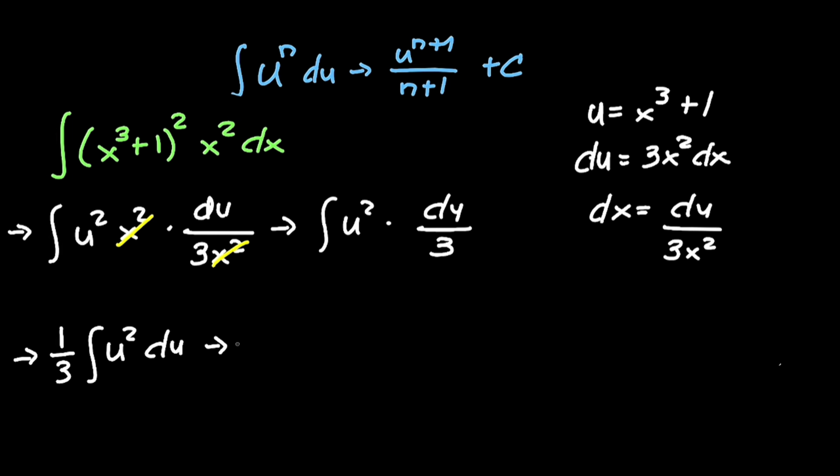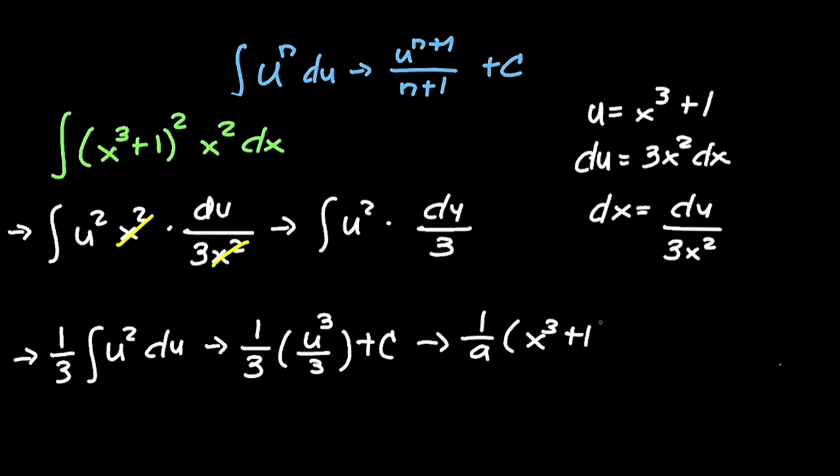Take the integral and you will get 1/3 multiplied by u raised to the power of 3 over 3 plus c. Final answer would be 1 over 9 multiplied by (x cubed plus 1) raised to the power of 3 plus c.